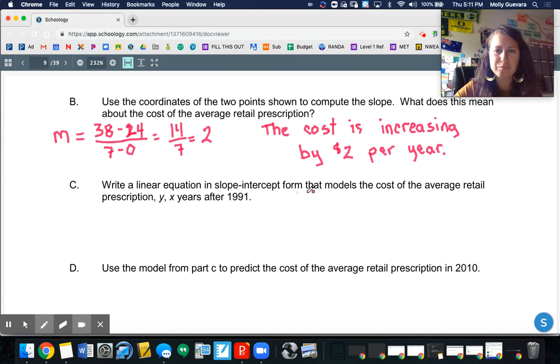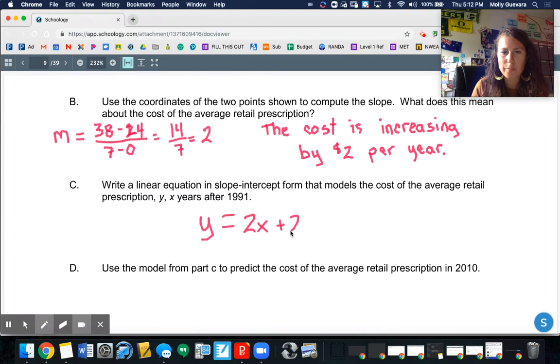Okay. Part C, write the linear equation that models this. So write the equation. Well, I know what the slope is, and I know what the y-intercept is, so this should be really quick. So y equals my slope, which is 2x, and then my y-intercept, which is 24.